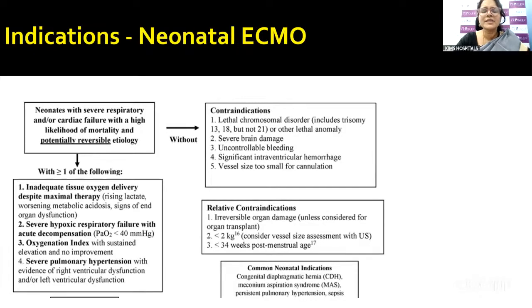So overall, with these indications in mind, the common neonatal indications where ECMO is performed include meconium aspiration syndrome, CDH, PPHN, sepsis, and RDS. As we discussed, ECMO for MAS, sepsis, and RDS has been progressively declining.